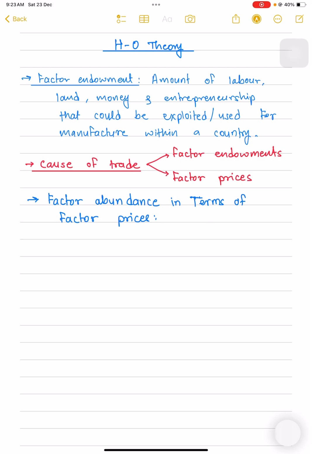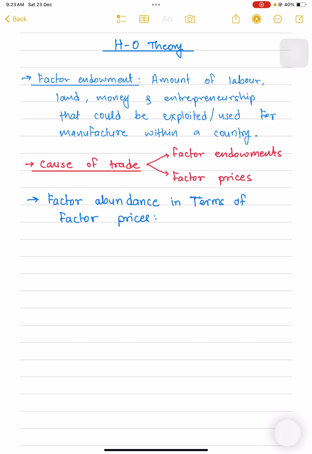Hello everyone. Today we are going to look at the Heckscher-Ohlin theory of factor endowments. Now first of all, what do you mean by factor endowments? It's the amount of labor, land, money and entrepreneurship, which are the factors of production that are exploited for manufacture within a country, the availability of factors of production in any country.